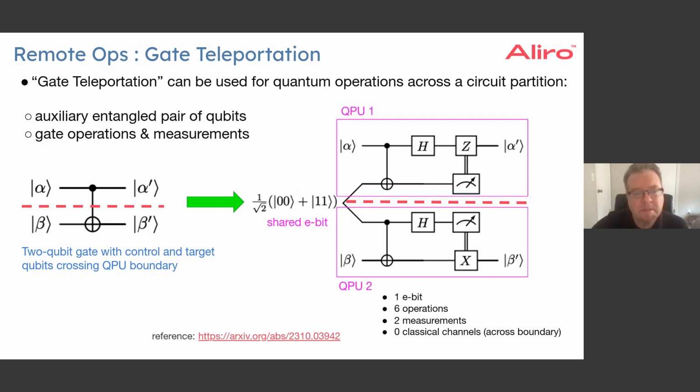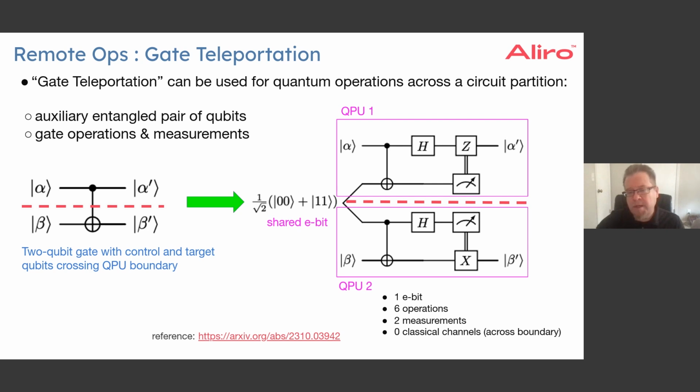Another way we can do this when we have a 2-qubit gate that straddles the QPU boundary is called gate teleportation. It's similar in a lot of ways. We have the boundary, we have a shared E-bit, one qubit from that E-bit is shared with QPU1, the other shared with QPU2, and we do some extra operations and measurements, and we can reconstruct the input-output relationship of our original 2-qubit gate, except now we're operating across 2 QPUs.